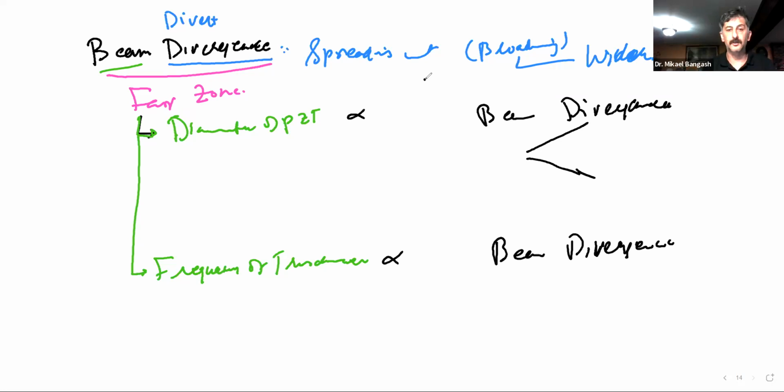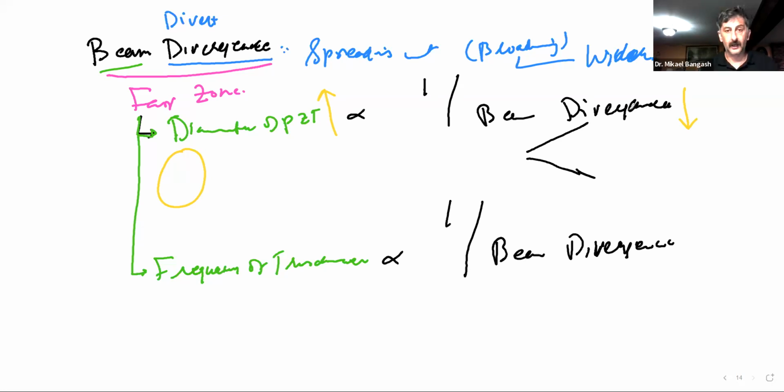But here, the relationship for both of them is inversely related. Since it is inversely related, that mainly means that a PCT with a greater diameter will lead to a lesser divergence of the beam. And where does this divergence of the beam happen? In the far zone.